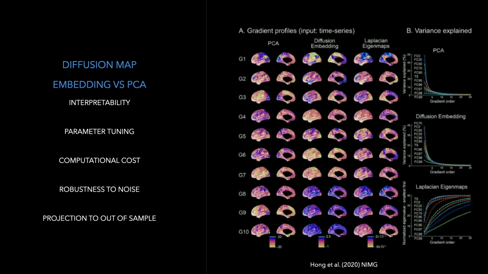Computation cost is overall higher when we use these more nonlinear versions. Robustness to noise is a bit of a question; I think PCA is generally quite robust as well. Where these more nonlinear methods are challenged is that sometimes, if we want to concatenate the projections, for out-of-sample projection for example, it becomes a little bit trickier.